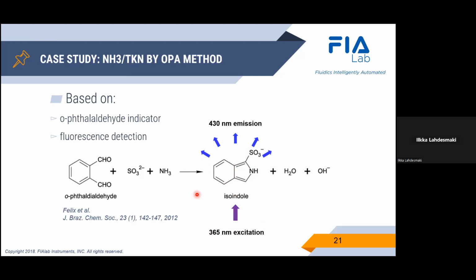And as you can tell from that, this detection technology is a little bit different from the traditional colorimetric analysis, in the sense that we're not measuring absorbance, but fluorescence.